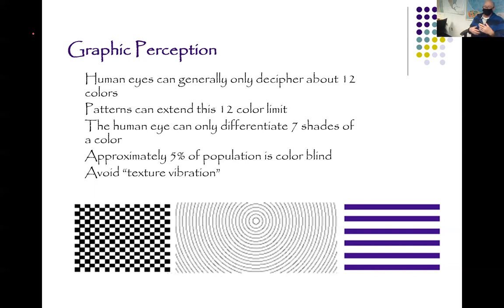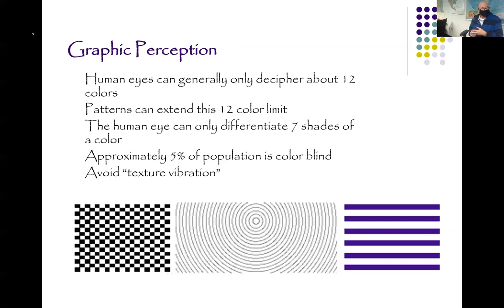To extend that, you can go to different hues, and the human eye can see about 12 different colors or hues. You can extend that a little more using patterns, but you want to avoid what's called texture vibration, patterns that make you dizzy, if you will.